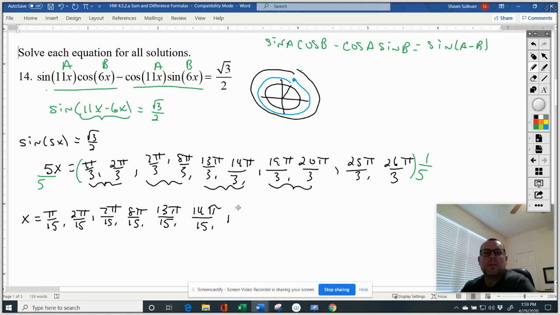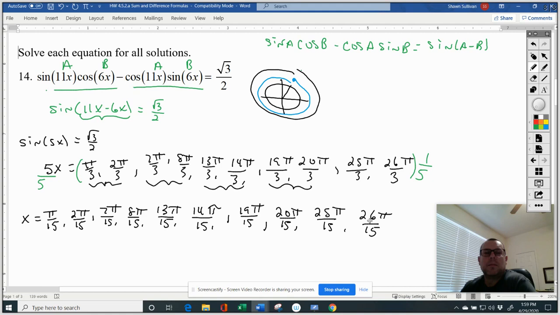This is super fun. 19 pi over 15, 20 pi over 15, 25 pi over 15, and finally 26 pi over 15.